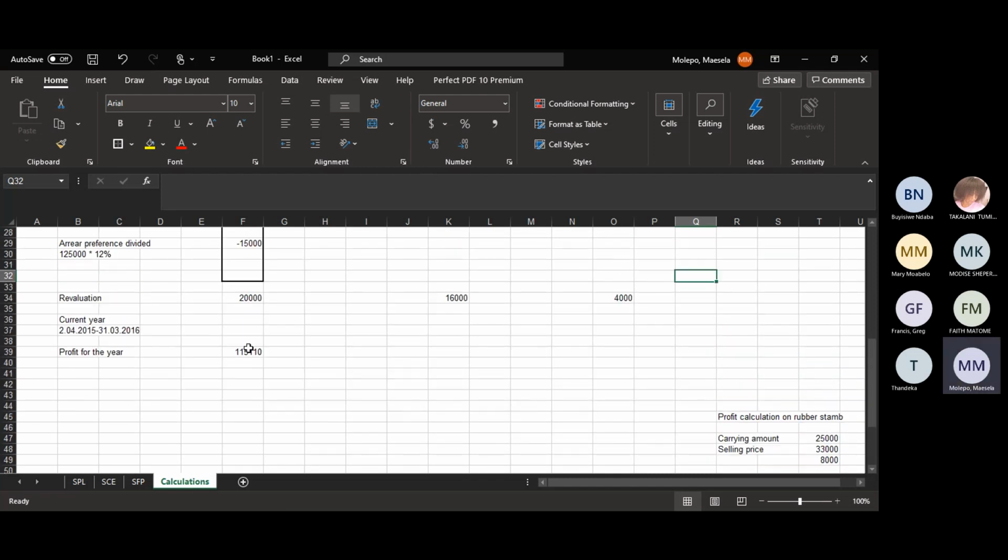Profit for the year we are given as 115. So now we have to account for things that happen during the year. Adjustment number 5 and adjustment number 6. Adjustment number 5: on 1 April 2015, Khatebe Limited had inventory on hand which was purchased from SIA amounting to 75,000.